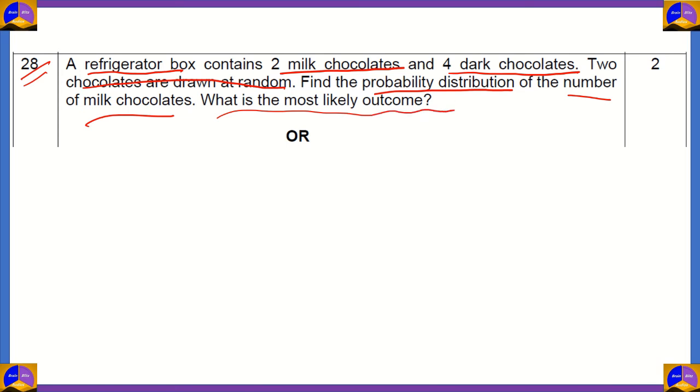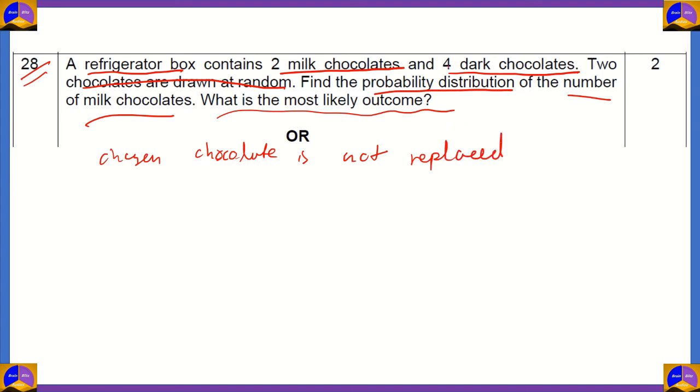So one thing to note is that since we're taking chocolate, when you take a chocolate out, you don't replace it back, you eat it. So the chosen chocolate is not replaced.